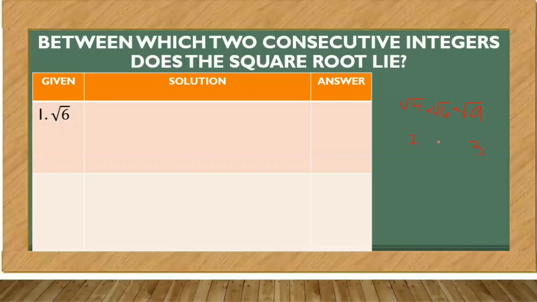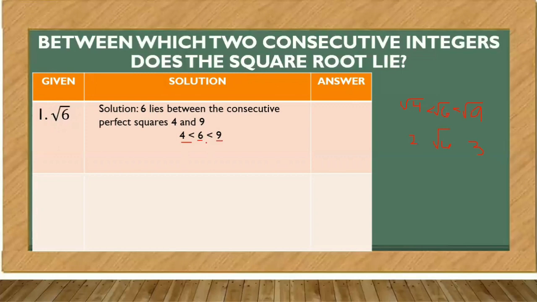It means, ang ating square root of 6 ay nasa pagitan ni square root of 4 and square root of 9. Alright? So, solution. 6 lies between the consecutive perfect square of 4, ito po yun, and perfect square of 9. Then, ito po yun, 4, 6, and 9.